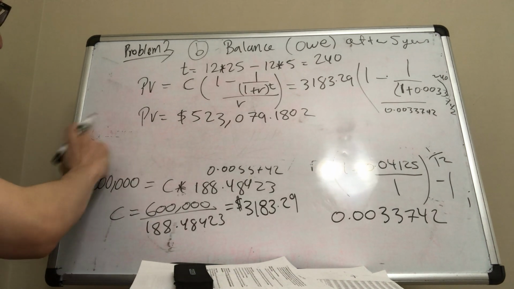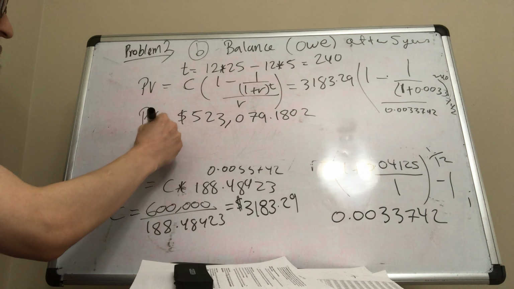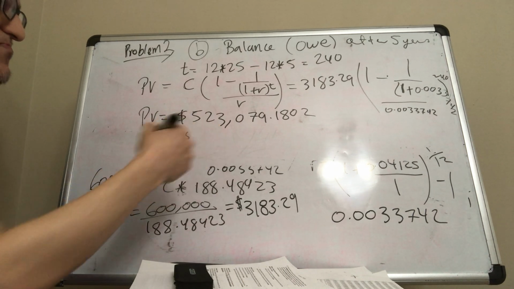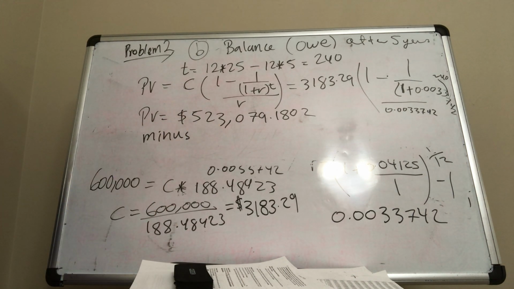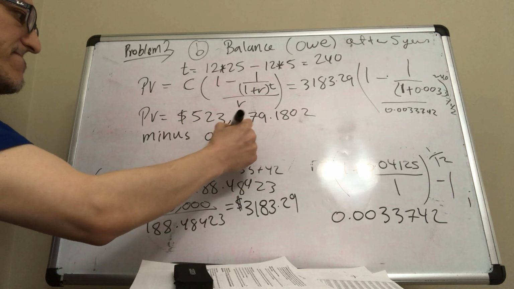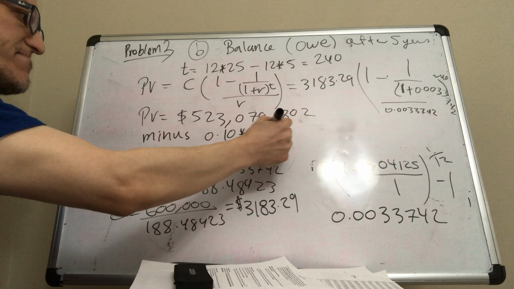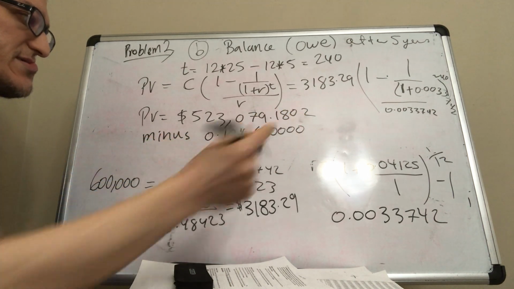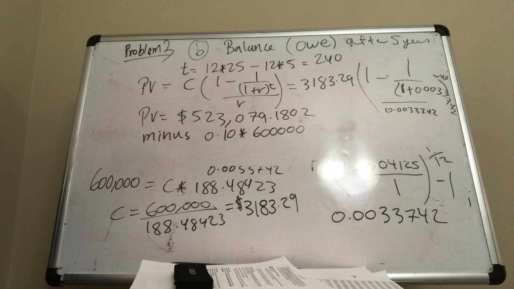And they tell you you're going to make a 10% of the original payment as down payment. So original 600 and 10% of that is 60.